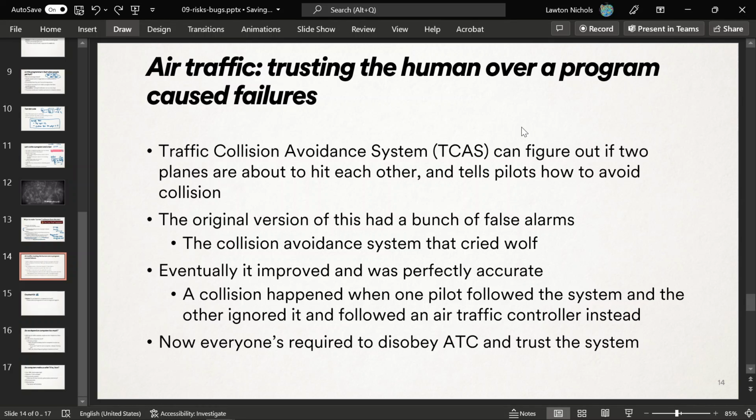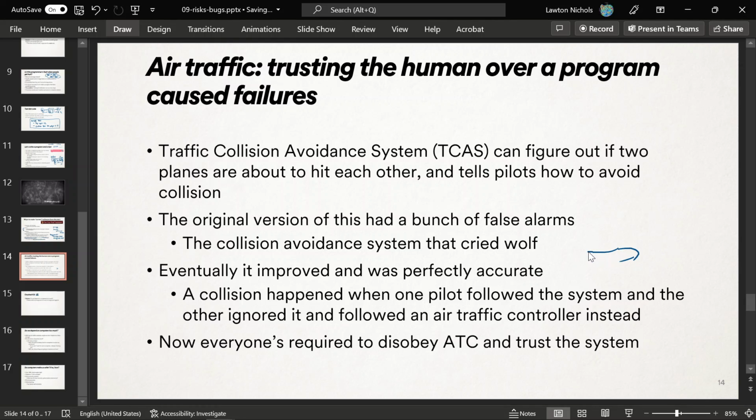It can figure out if you have two planes that are trying to fly close to each other, if they're at the same altitude, they're about to hit each other eventually, they're going to run into each other's path, and that's a bad thing, right? And so it predicts that and tells pilots, hey, you should do this thing to avoid crashing with this other plane, right? So it's in every airplane. They are connected to this TCAS system.